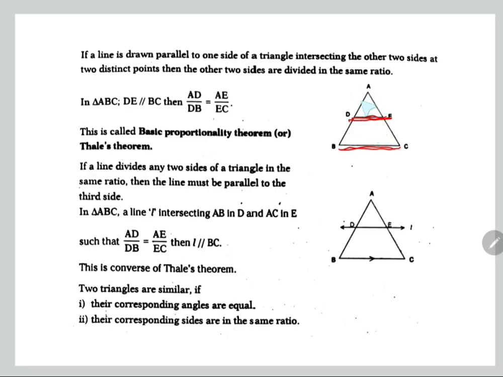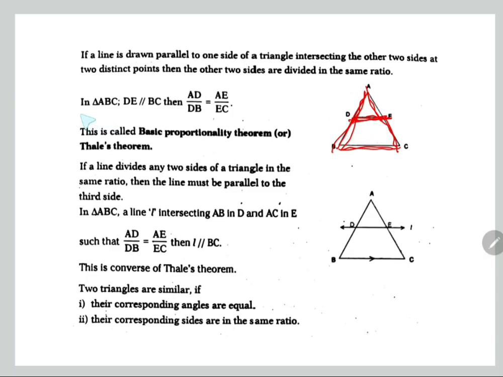Then D is a point on AB, and the ratio of AD and DB, and the ratio of AE and EC, divide in the same ratio.